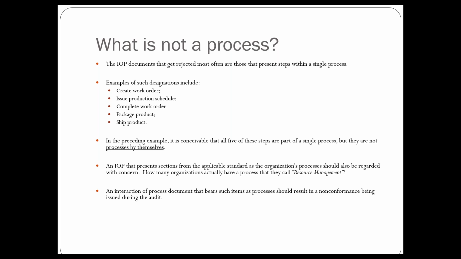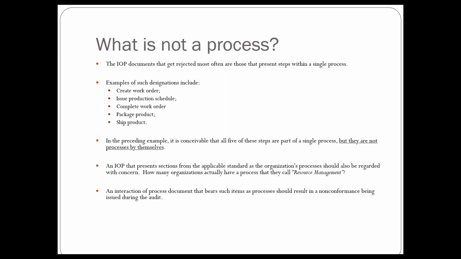So for example, if you've got an interaction of process and it lists these 5 items, create a work order, issue a production schedule, complete the work order, package the product and ship the product. Now, in this example, it's definitely conceivable that these are parts of a single process, but in all likelihood, they are not processes by themselves. So that can be a problem.